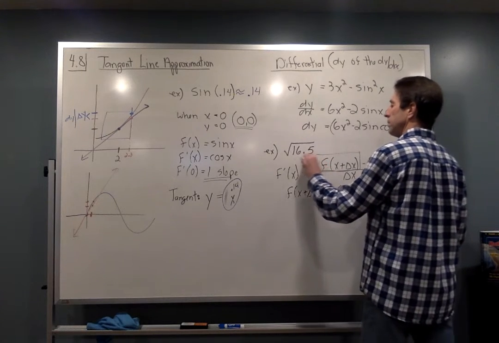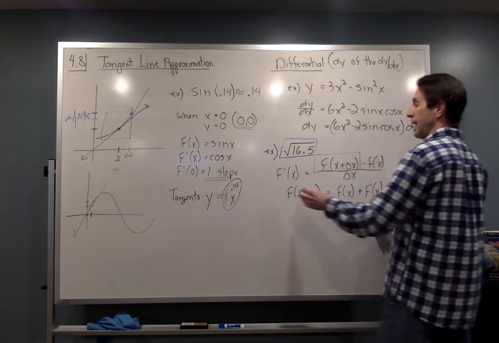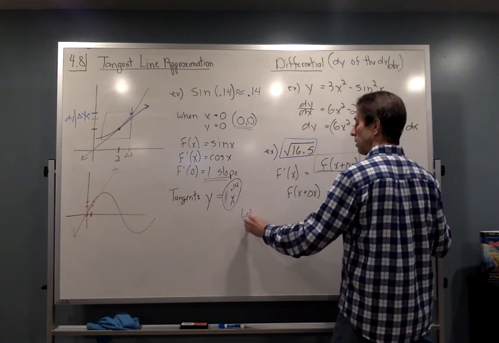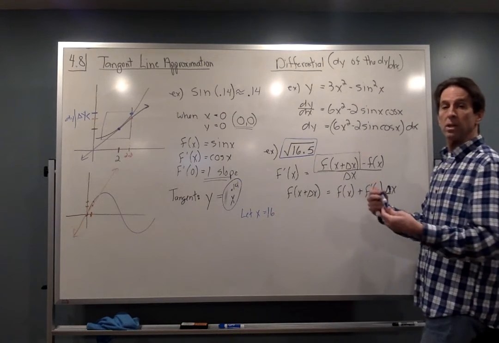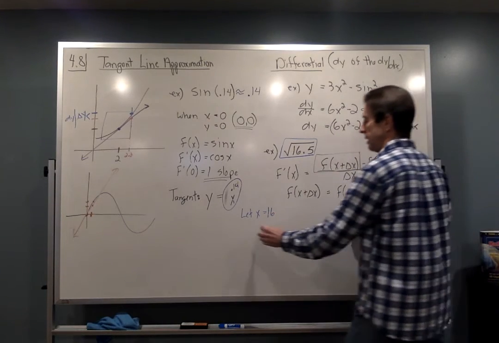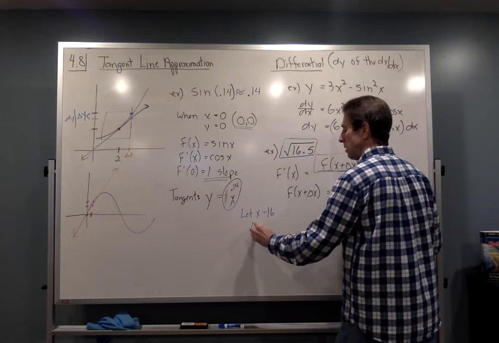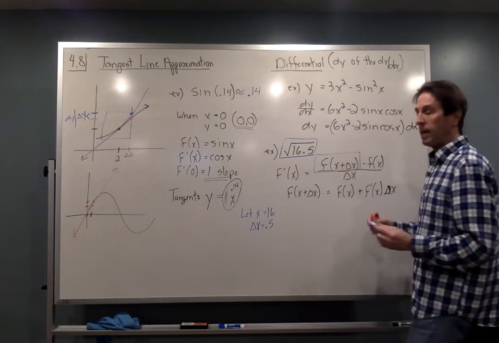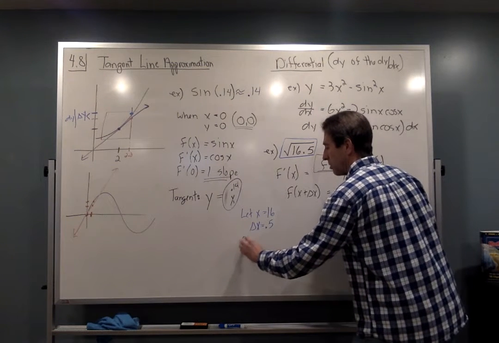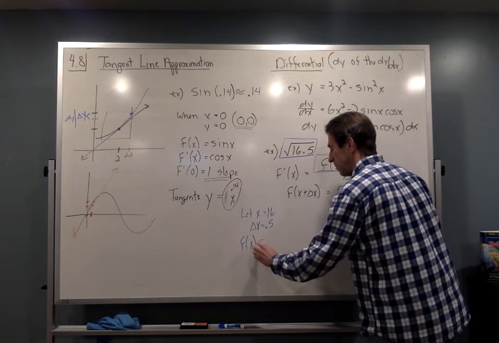Given this problem, I would let x equal a known value. 16 would be a very nice value when we're talking square root. Delta x then is 0.5. And then the f of x, the function, is radical x.